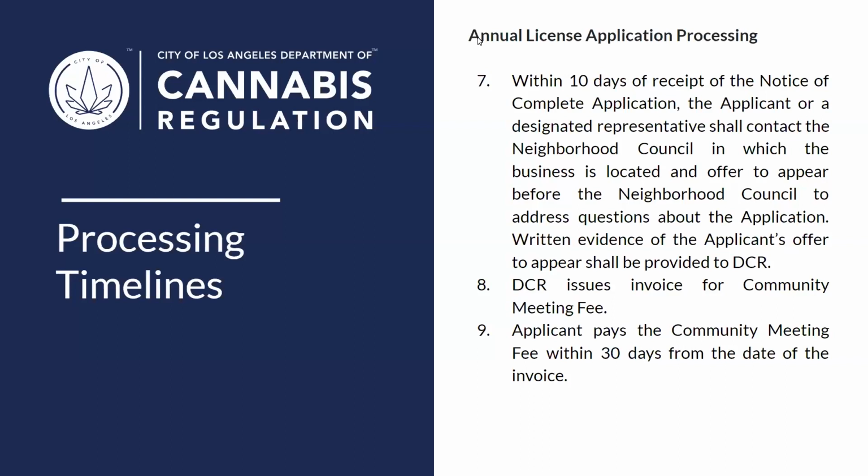This requirement only applies to applications with on-site retail sales. Any applicant that does not have on-site retail sales is not required to reach out to the neighborhood council, offer to appear, nor will they be subject to a community meeting.